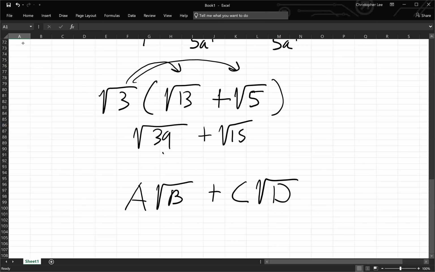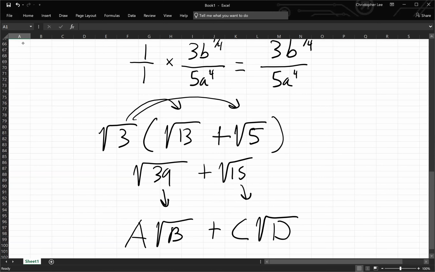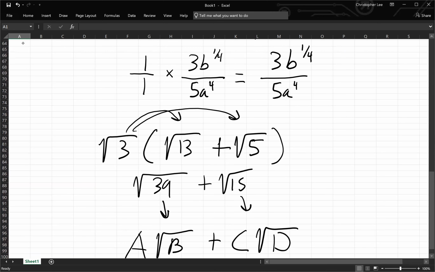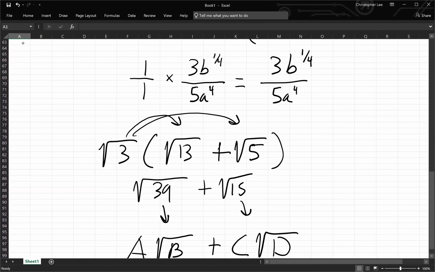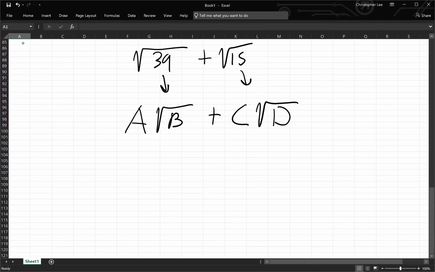So what you do is look from right here. A is the number that's in front of the radical. What number is that? 1. All right. What's B? 39. What's C? 1. And what's D?